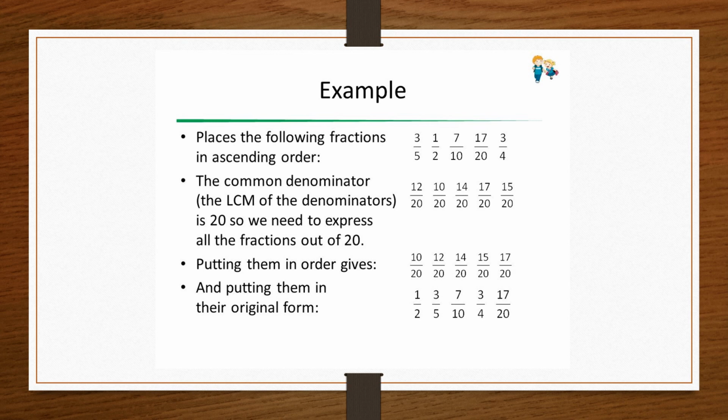And then 14 by 20 is 7 by 10, smaller than 7 by 10. Next fraction is 15 by 20, that is smaller than 3 by 4, and then 17 by 20.